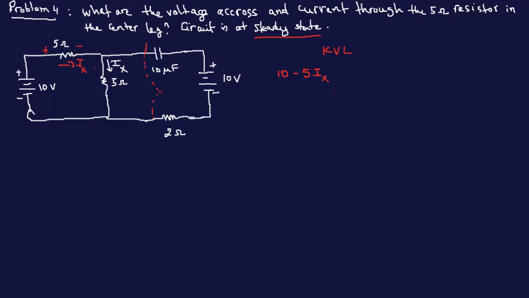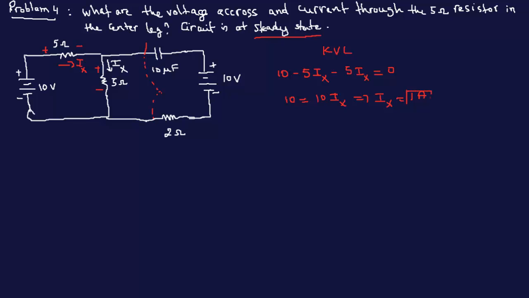Here also it's plus minus, so that's minus 5 IX, is equal to 0. So we have 10 minus 10 IX, so that's 10 IX. Therefore, IX is equal to 1 amp.